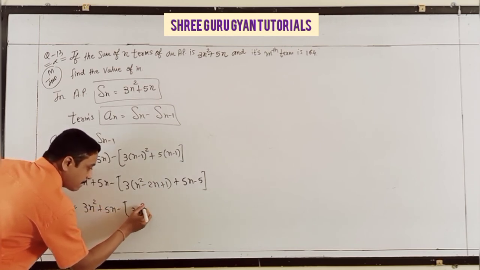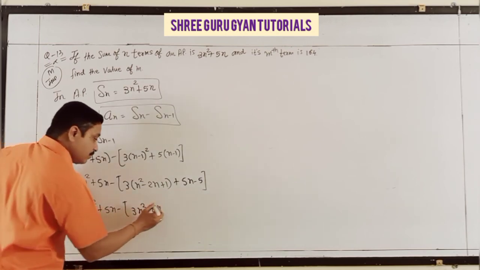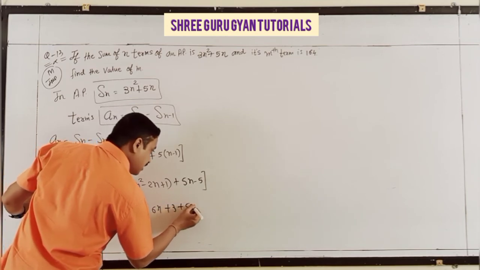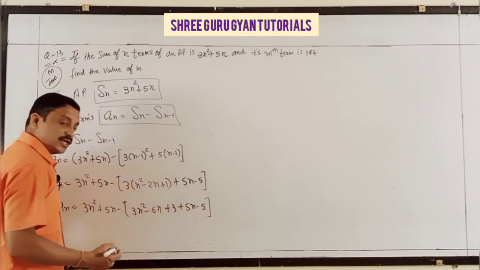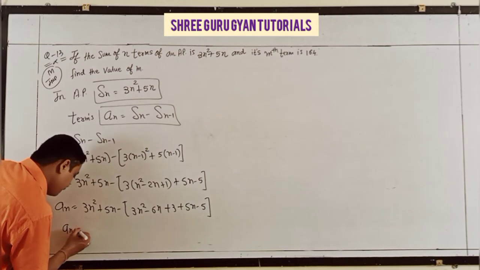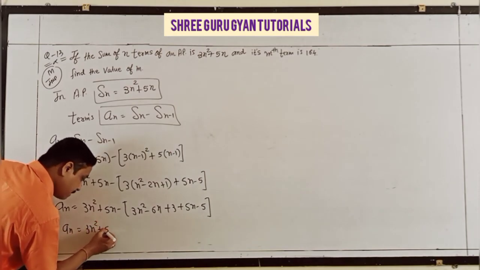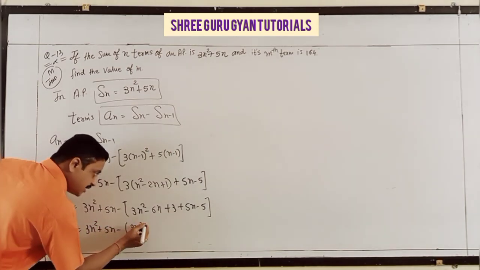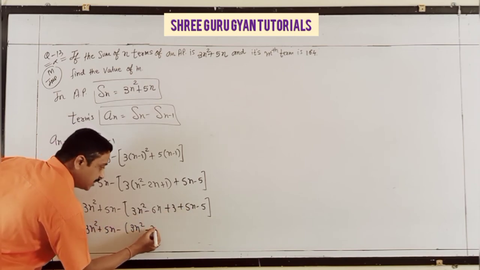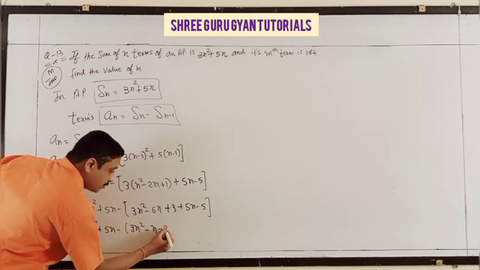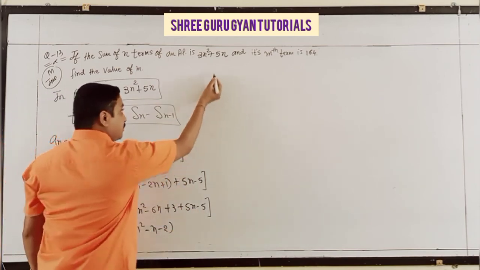3n square, minus 6n plus 3, and 5n minus 5. So how much is your value now? 3n square plus 5n. Here 3n square, 6n and 5n minus n, and 3 minus 5 is minus 2. Now you expand.